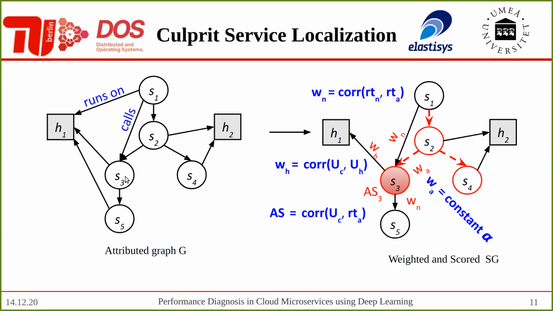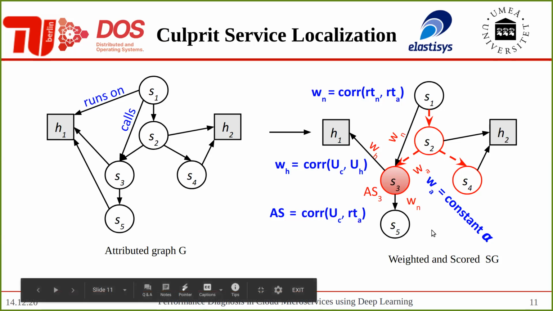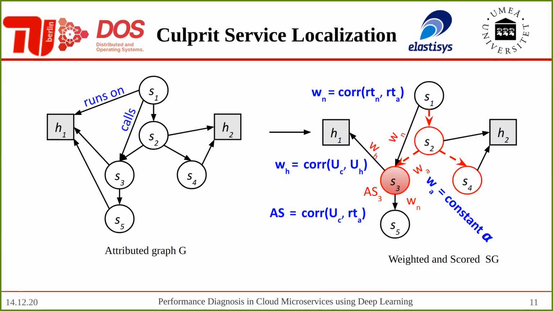After that, we extract the subgraph based on the anomaly detection module, and we compute the weights of the edges and also the node attributes based on the correlation of the relevant metrics of the components, or nodes, in the graph. With this computation, we get a weighted and scored subgraph.